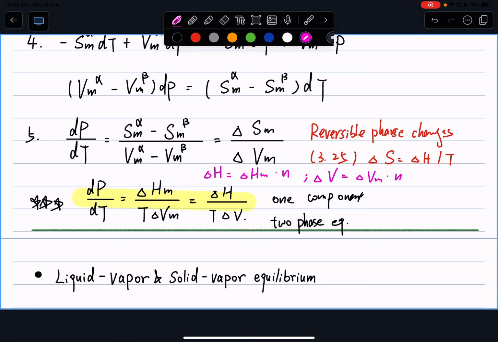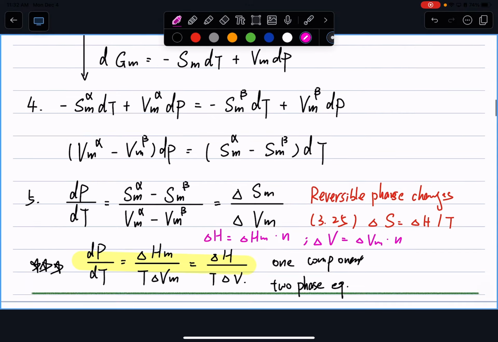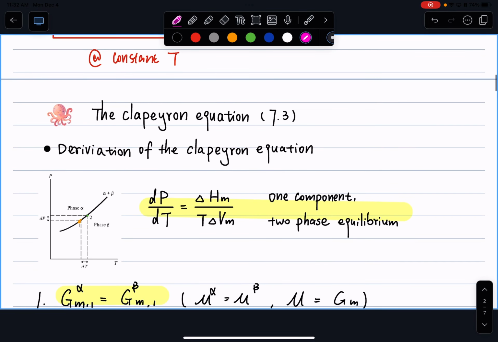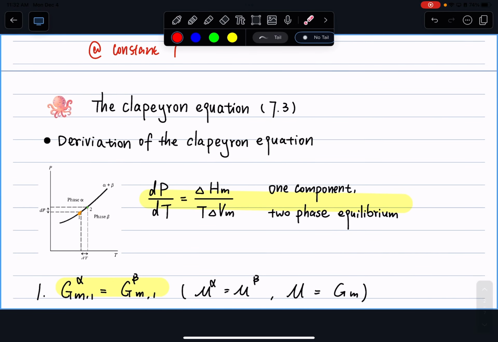All right. So that's a derivation of our Clapeyron equation. Again, what our Clapeyron equation does is it describes how your pressure changes with respect to temperature for a one-component two-phase equilibrium in a closed system, presumably.